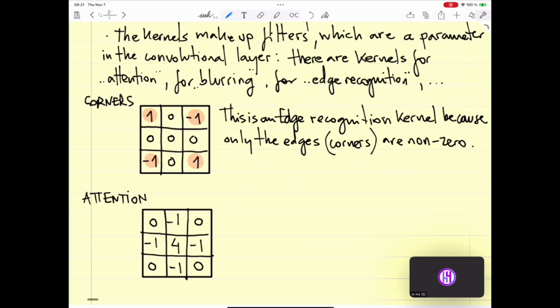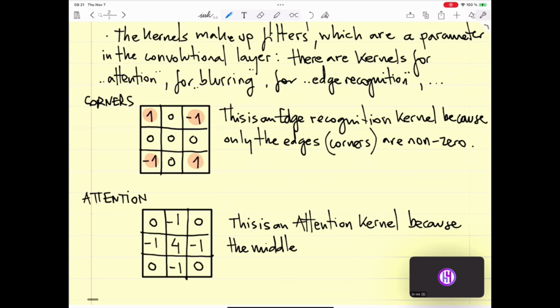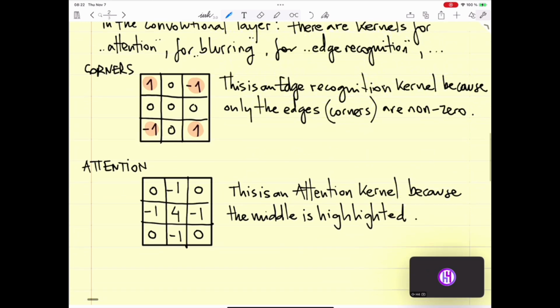So this is an attention kernel because the middle is highlighted, multiplied by 4.